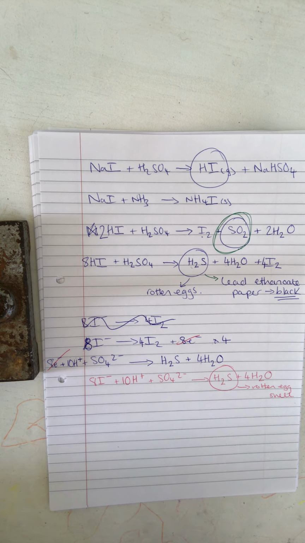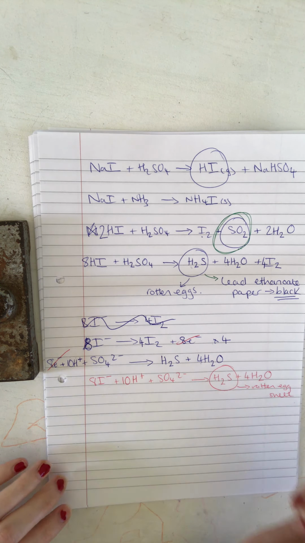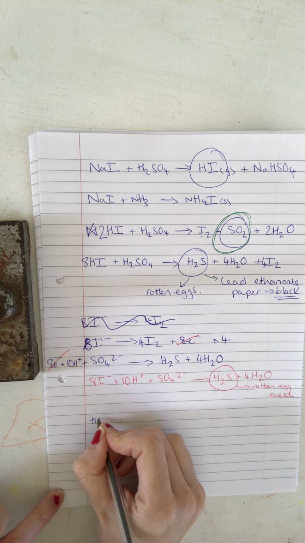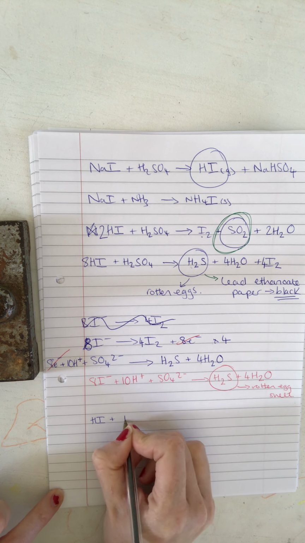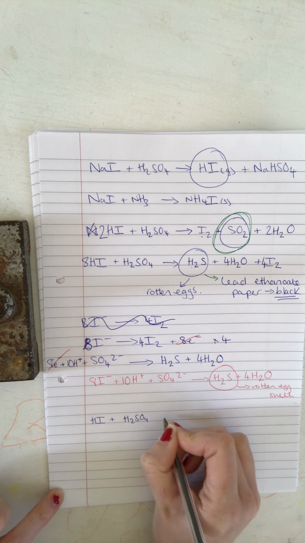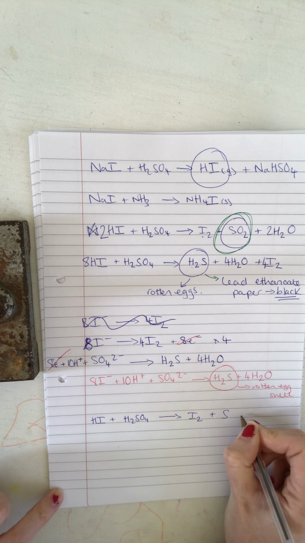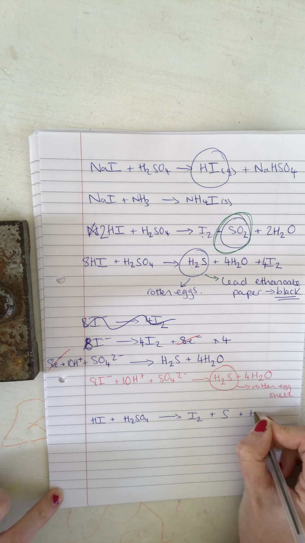Now, it will go one further than that, in that it will reduce all the way to just sulphur. So we've got hydrogen iodide plus sulfuric acid will give you iodine plus sulphur plus H2O.